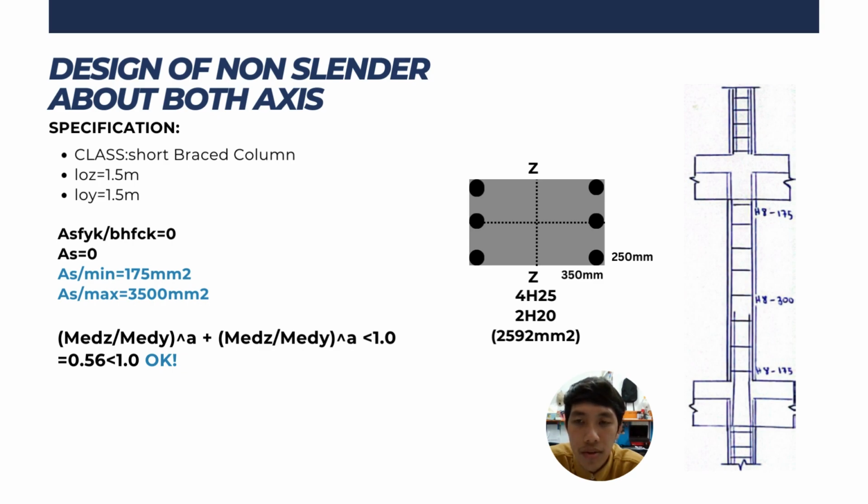For the design reinforcement, we use AS min equal to 175 mm², AS max 3,500 mm², and we use 4H25 and 2H20, which is equal to 2,592 mm². That's all from.